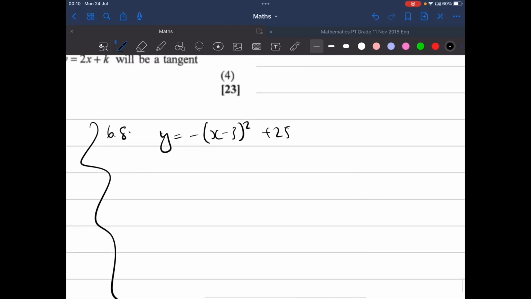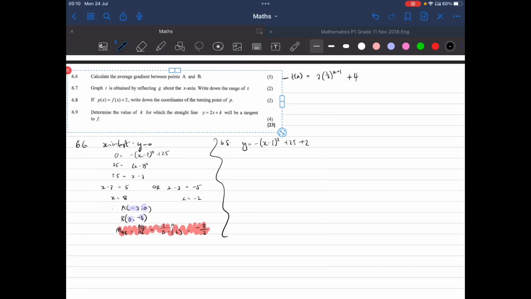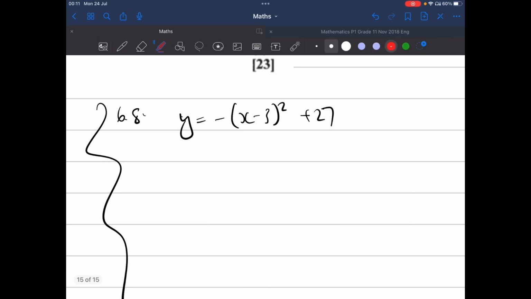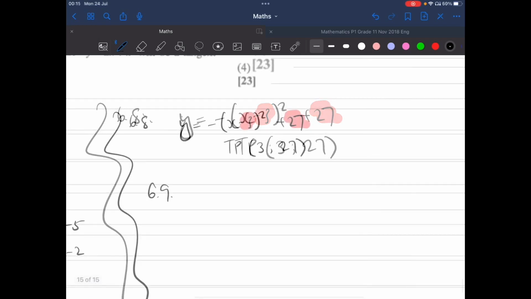Now if I add 2 to f of x, I'll get plus 27. I just took 25 plus 2, that's 27. Now remember what I was saying earlier about the turning point coordinates. So the new turning point is going to be at (3, 27).